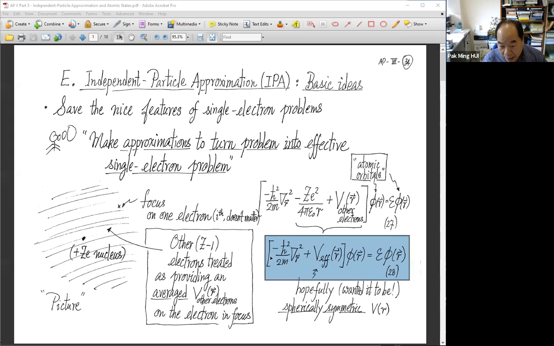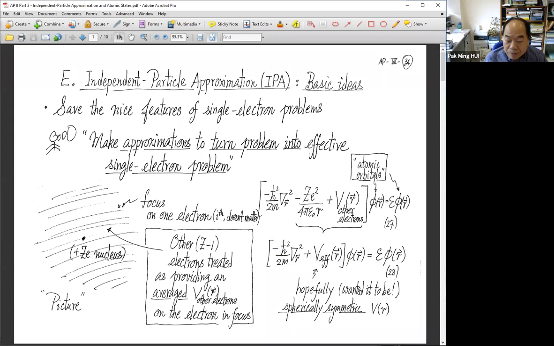So now, we also hope, at least we want it to be, that this is spherically symmetrical. It may not be exactly spherically symmetrical, but that is at least what we want, so that we can copy results, okay? So this is the idea. The problem becomes one electron in an effective potential that, at least as a first approximation, is spherically symmetrical.